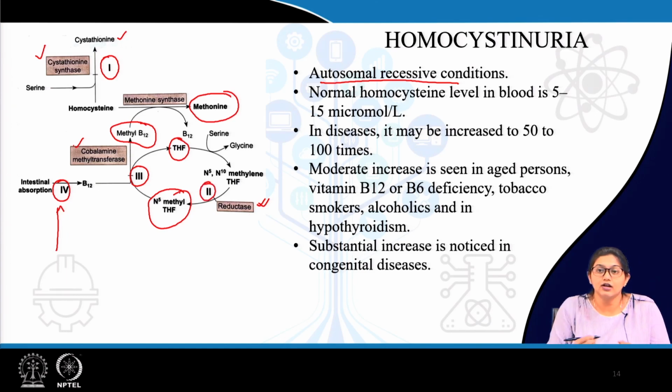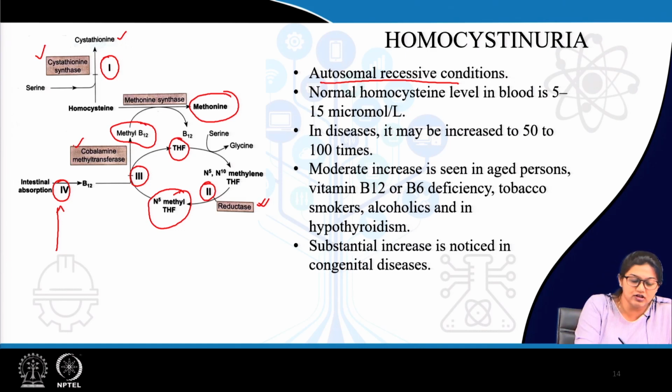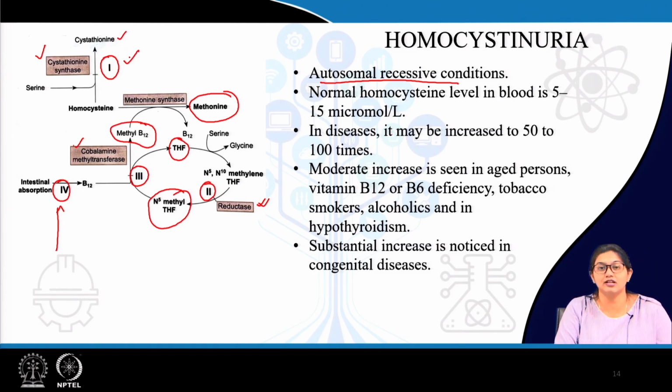So, once again, the different types of homocystinuria: type 1 is due to the deficiency of cystathionine synthase, which is directly related to the formation of homocysteine. The other variants of homocystinuria are basically where methionine synthesis from homocysteine is defective.